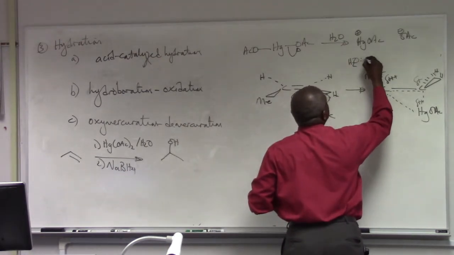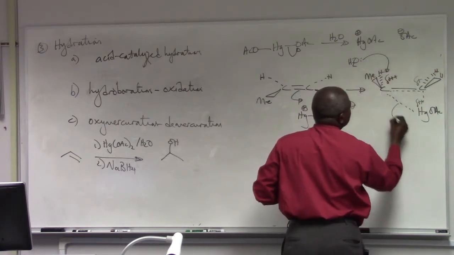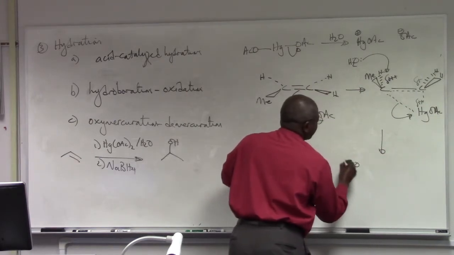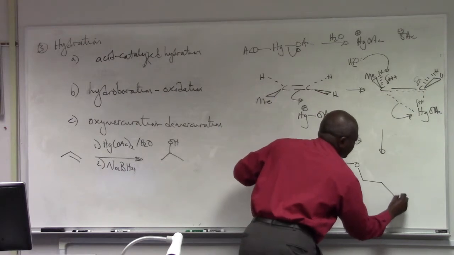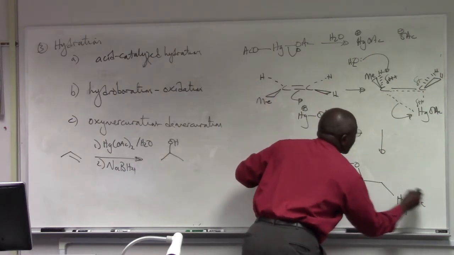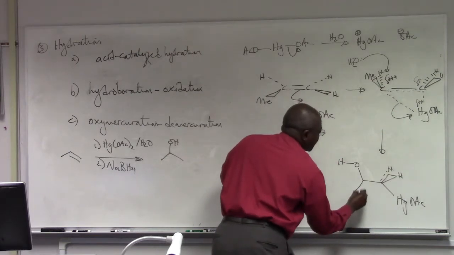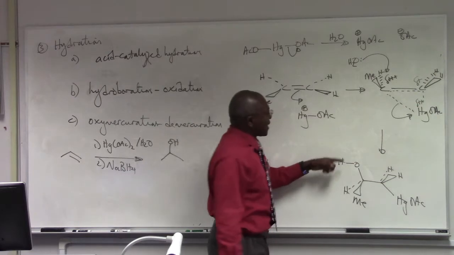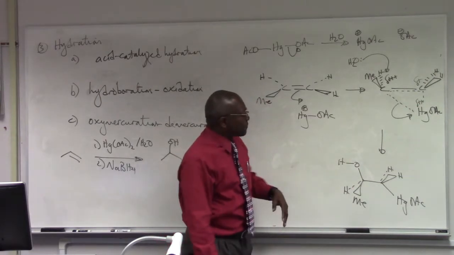Water attacks the carbon having the larger positive charge, and I end up with this species. Now technically I have OH2 plus, and then the water comes in and pulls the proton off.